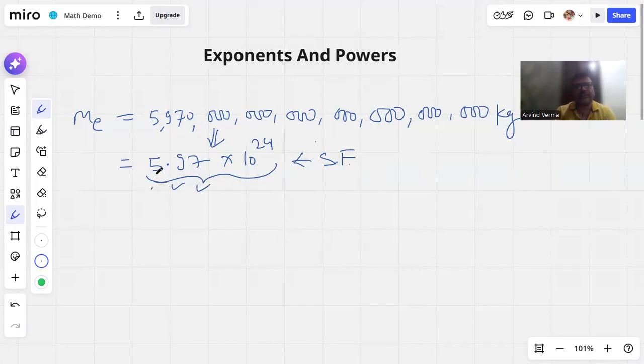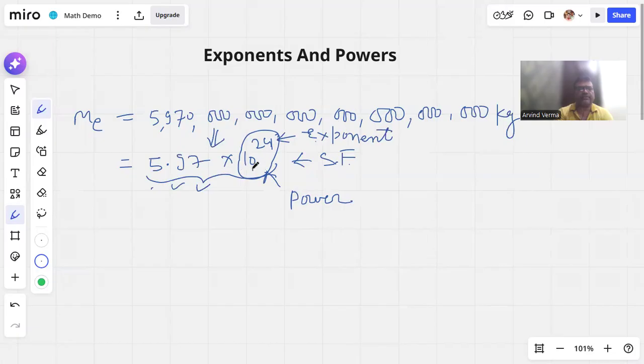How will we read it? It is 5.97 into 10 raised to the power 24. This is our standard form and this is called power. 24 is called exponent and 10 is called base.